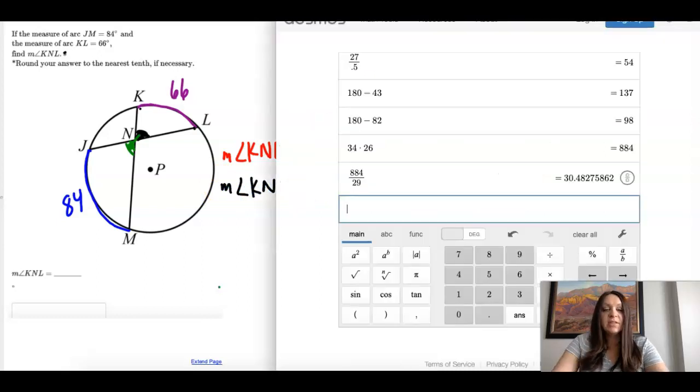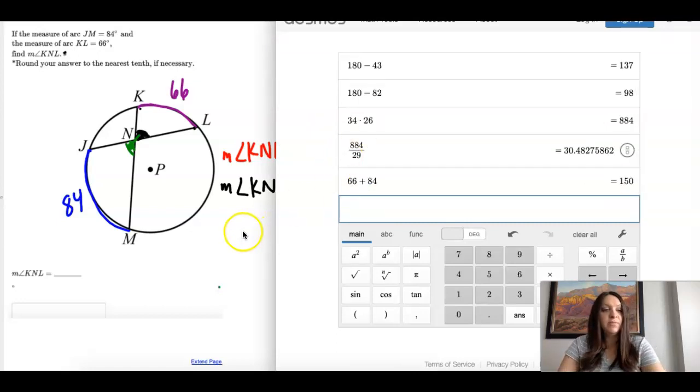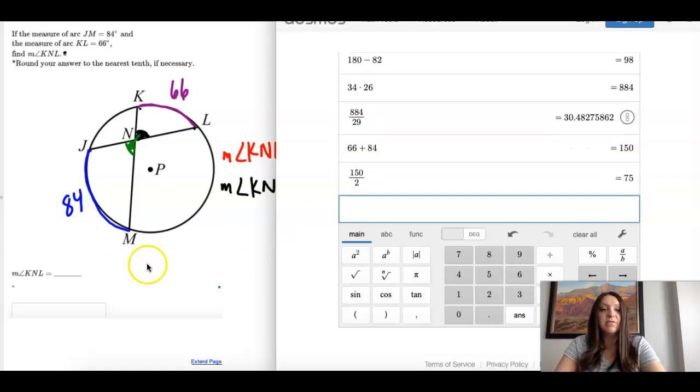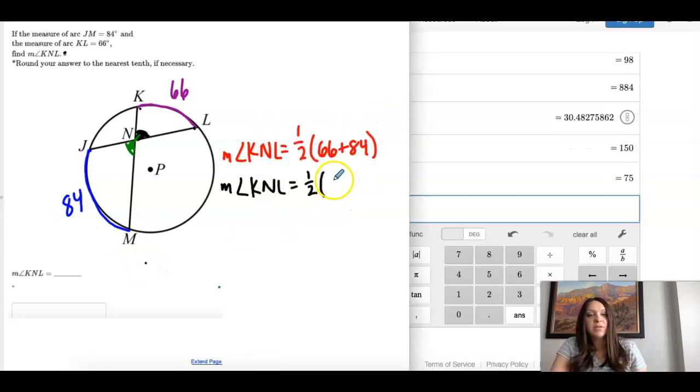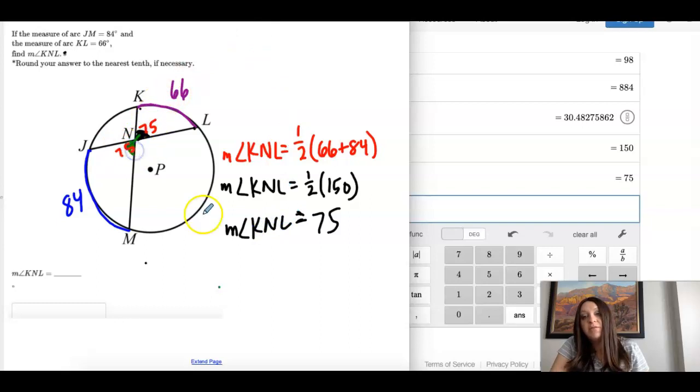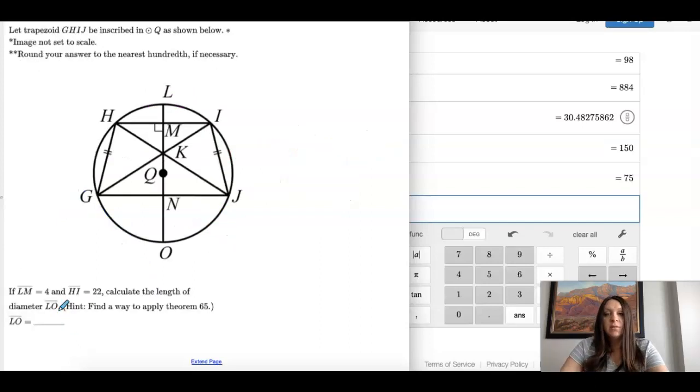Let's do 66 plus 84 is 150. And we're going to take half of that to get 75. So 150, half of that is 75. And that is the measure of our angle. So this would be 75. This would also be 75. So you would just type in 75. All right.